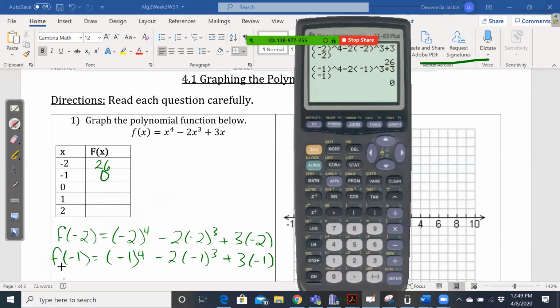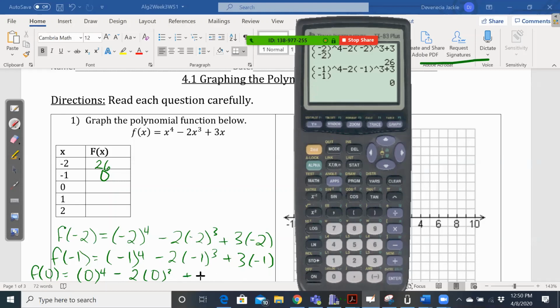And let's see what happens when we put a 0 into the function. So f of 0 is going to be 0 to the 4th power minus 2 times 0 to the 3rd power plus 3 times 0. Sorry, I just blanked out for a bit.